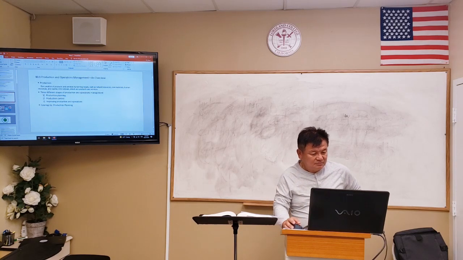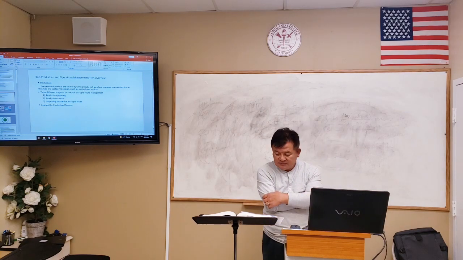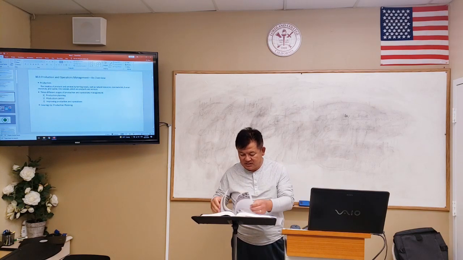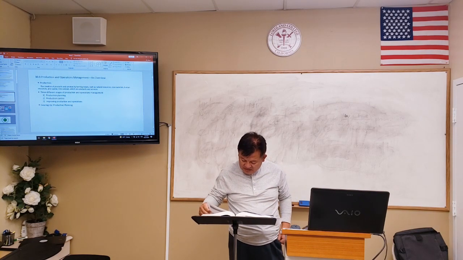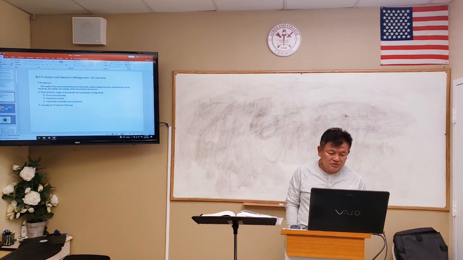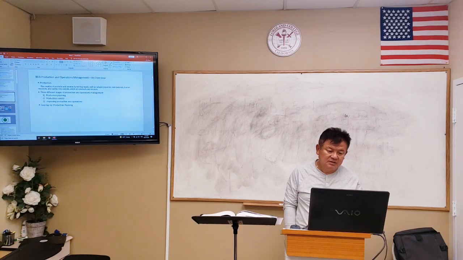Okay, let's move to 10.1, production and operations management overview. What's the meaning of production? Production means the creation of products and services by turning inputs such as natural resources, raw materials, human resources, and capital into outputs, which are products and services.